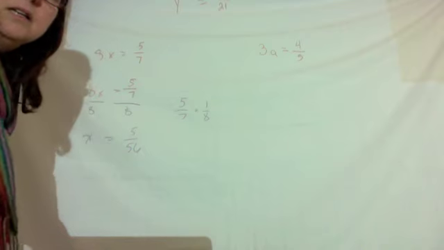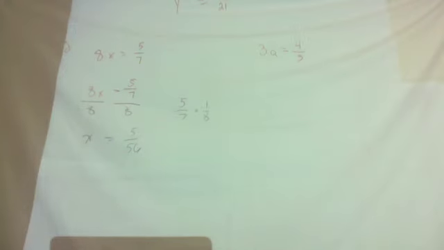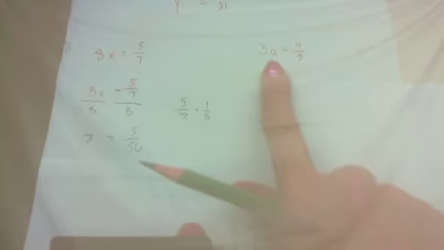All right, why don't you try this one over here? 3a is equal to 4/5. You can pause this. All right, so of course I would undo multiplication by dividing.